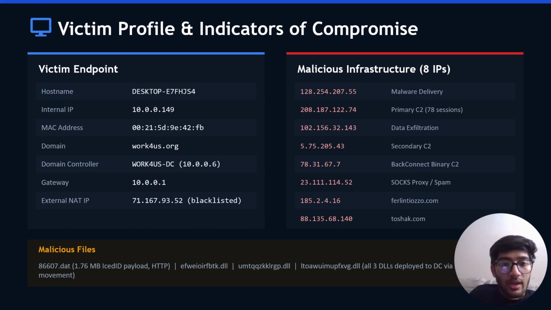Finally, there are the two BackConnect domains, furlintiazo.com and toshak.com, at the bottom. The malicious file is the 86607.dat ICEDID payload, and the three randomly named DLLs were deployed to the domain controller for lateral movement.